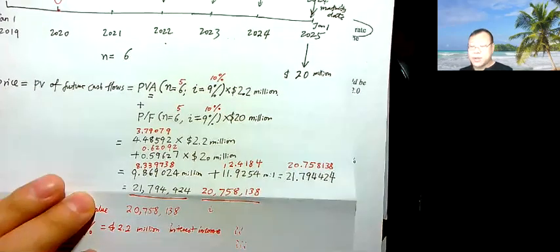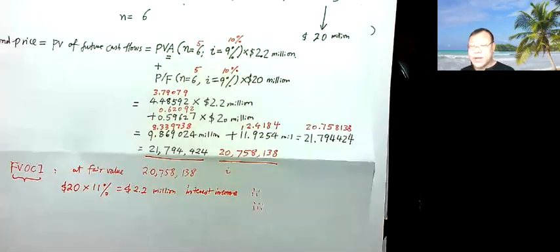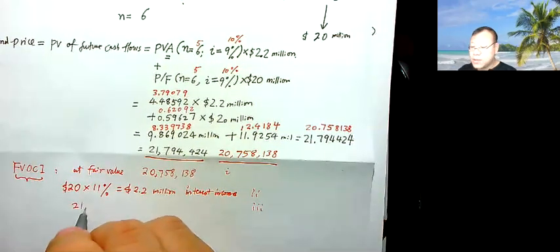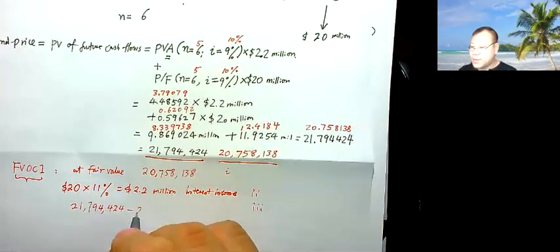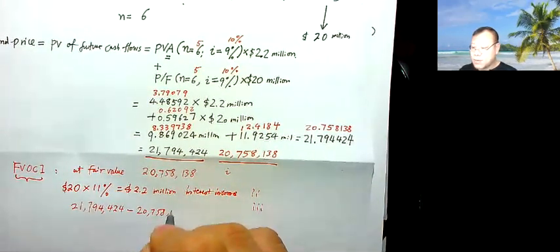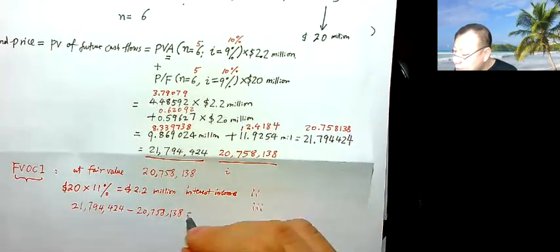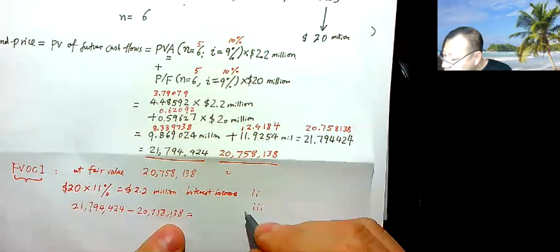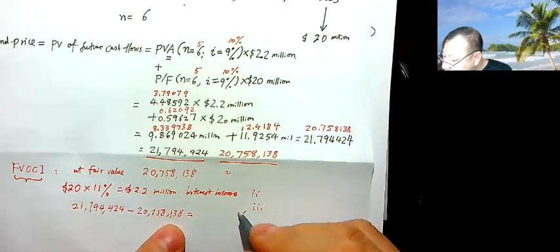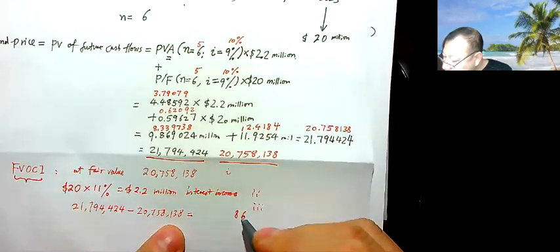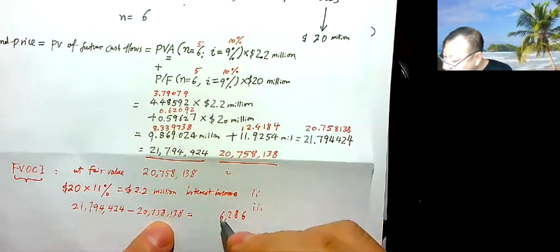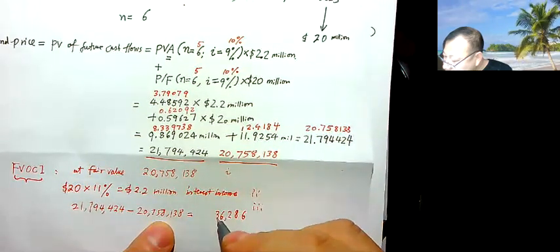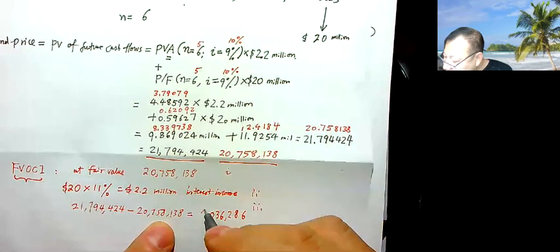So if I use 21,742 minus, okay, this one will equal to 6,8,2,6,3,0,1.